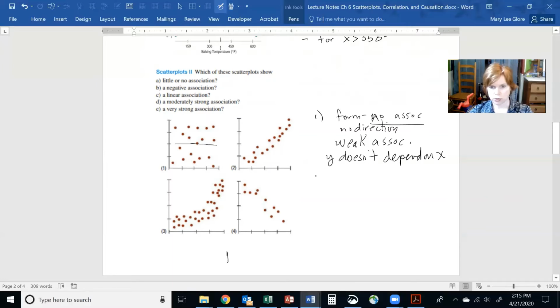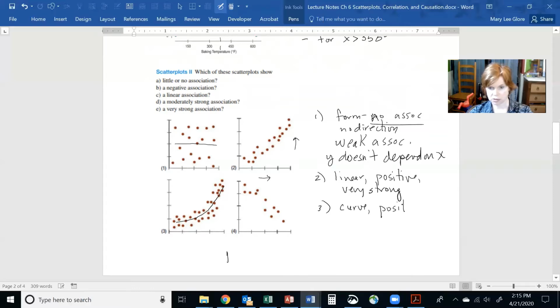Number 2, the form is linear. As X increases, as you go to the right, Y goes up. So this is a positive association, and a very strong association. Number 3, it's not linear. It's curved. It's positive.